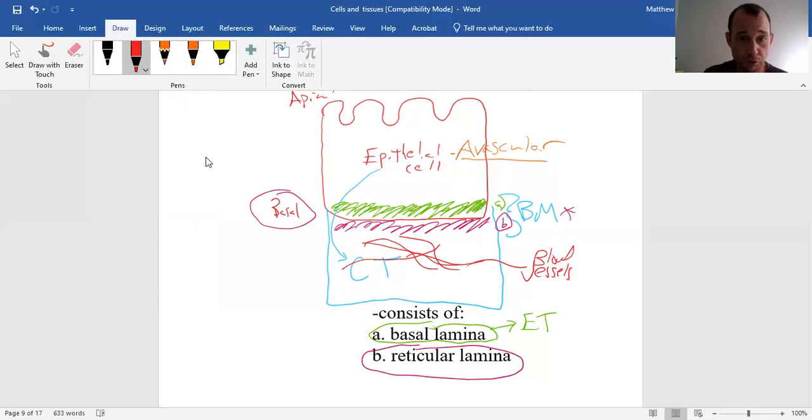Now, these blood vessels do not go up into the epithelial cells, but if you recall from basic biology, how does your oxygen and carbon dioxide get in and out of your blood vessels? It occurs by diffusion. So this is avascular, but its blood and oxygen comes through the process of diffusion from the connective tissue.